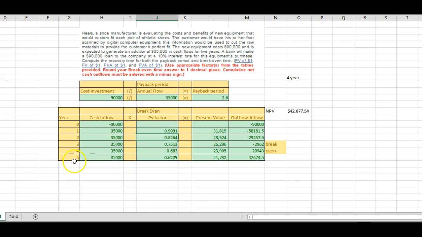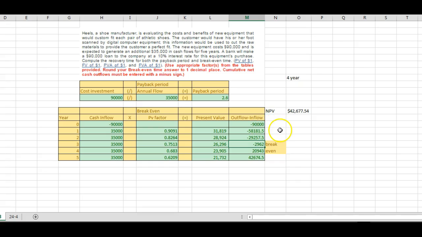So this is going to be 5 periods for 10%. And these are your factors. Multiply those out. This becomes your present value of all these returns. And then as you multiply them out, you deduct that from what you paid out until you get to where you've totally paid off that $90,000.